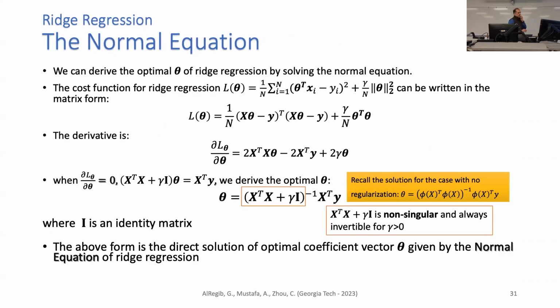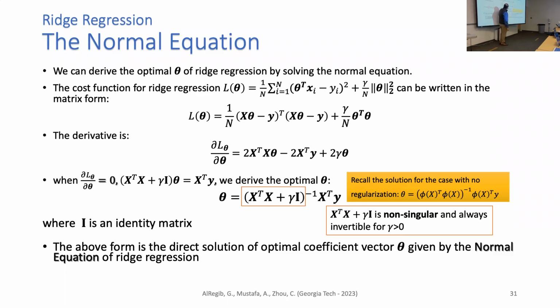Now we go back and say, if we remember when we had L of theta equal to this term, now we add this term, take the derivative, and put it into vector form, take the derivative with respect to theta.